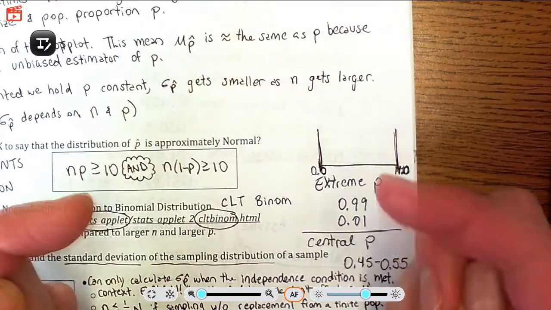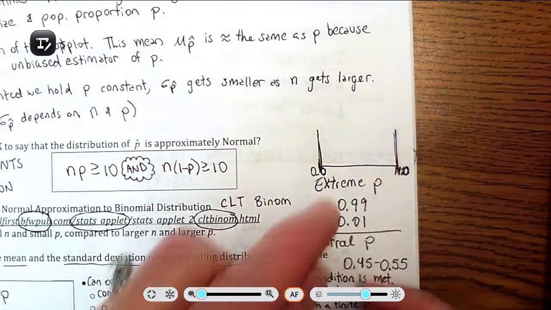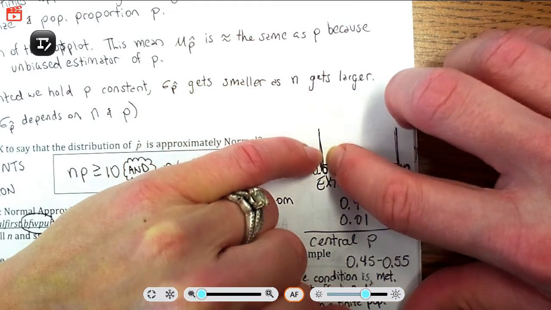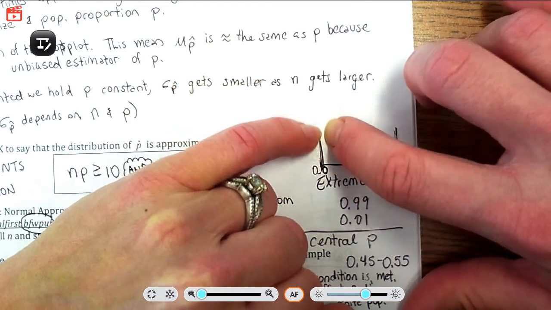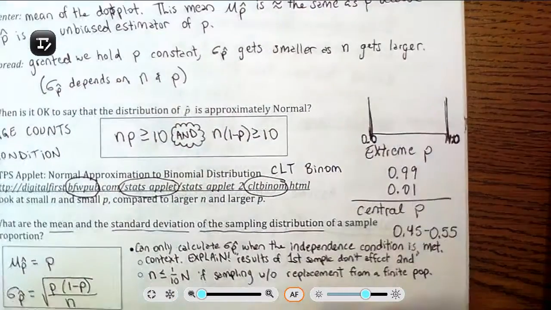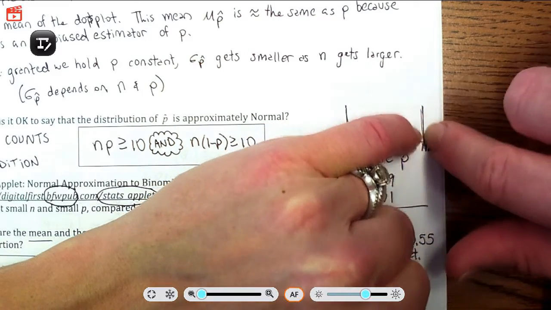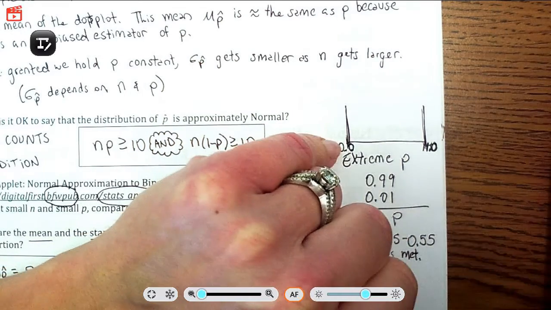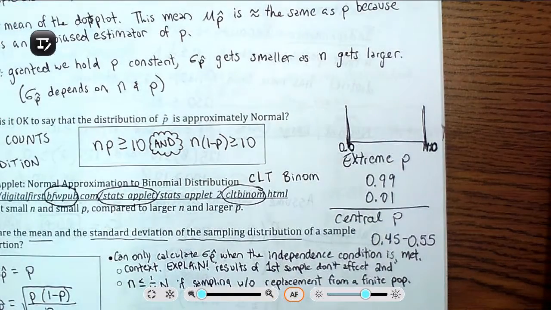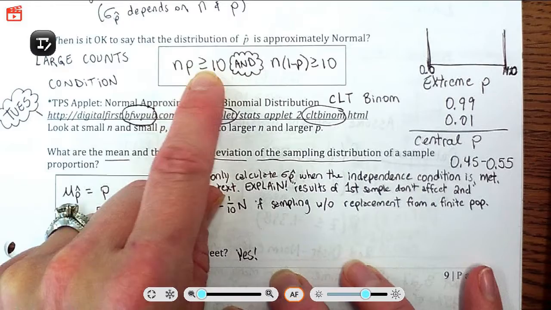We have to have a really, really high sample size to have a really, really small standard deviation so that we can fit the whole normal curve between the center 0.01 and this wall 0.00. Okay? Same thing happens on the other side, because we can't have any sample proportions less than 0.0 or greater than 1.0. Okay, all right, so that has to do with that.